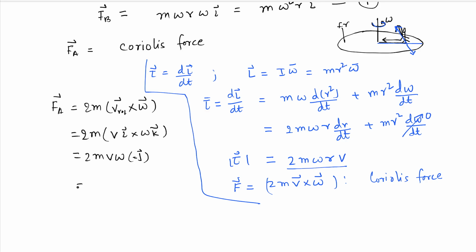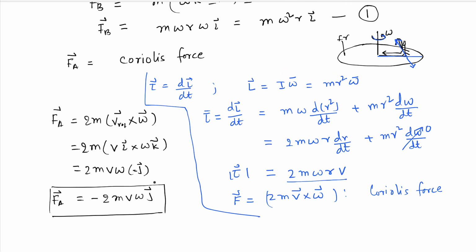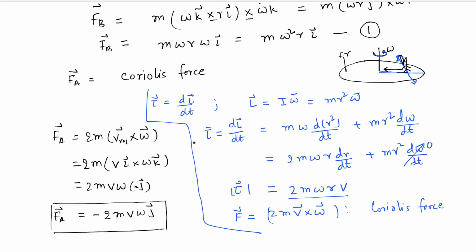So there is a minus 2mv omega j, and this expression tells us that the Coriolis force is acting in the minus j direction, which is fine, we figured that out as well.